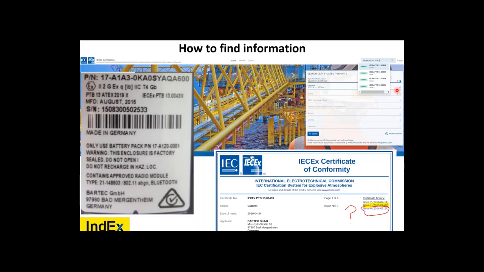You get an ATEX and IECX certificate at the same time. Now, can somebody that has an IECX COPC certificate be allowed to do EX inspections throughout Europe and the EU, UK? Yes, but who has influence on that? End users. If Shell does not allow IECX COPC, that's their decision, unfortunately.